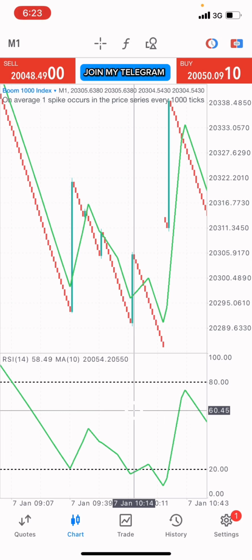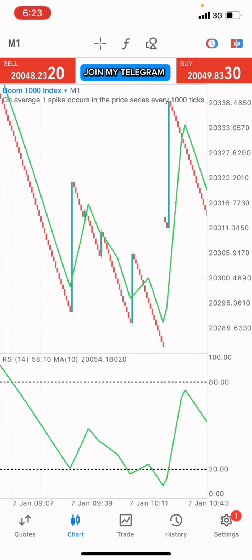So that's why I said you should count 4 candlesticks ahead before you try to place your sell entry on crash market or your buy entry on boom market if you want to catch the spike using this simple setup: the moving average on the indicator window and moving average on the main chart with the relative strength index.